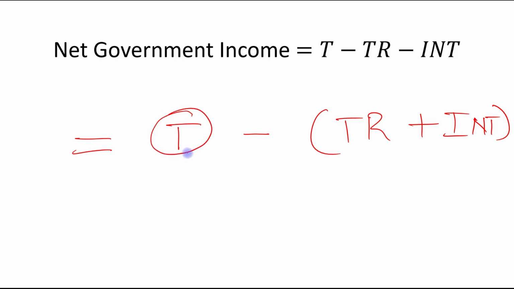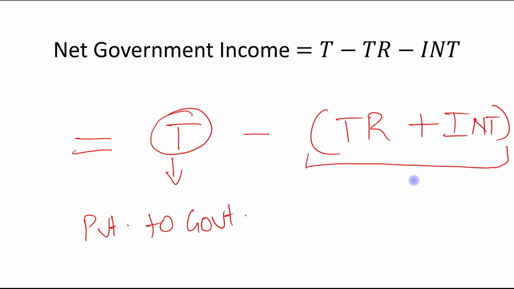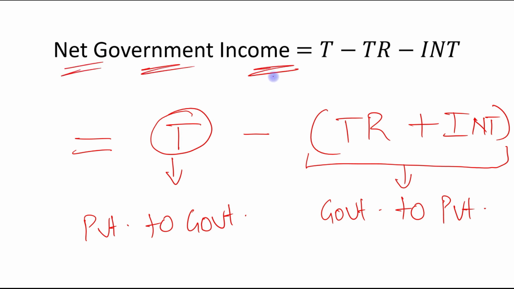Taxes are the revenue for the government, right? These taxes are paid by the private sector to the government sector. So this is the revenue for the government, right? And this is the expenditure of the government, which is government sector to the private sector. So it's simple, revenue minus expense, net government income. Clear?